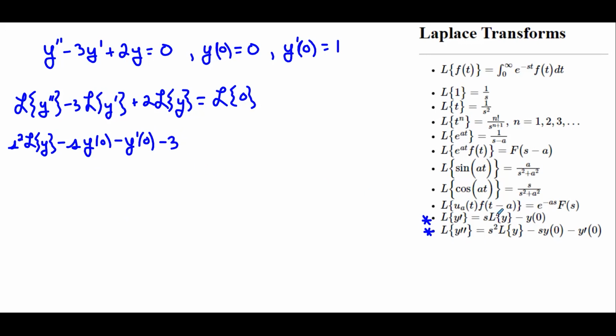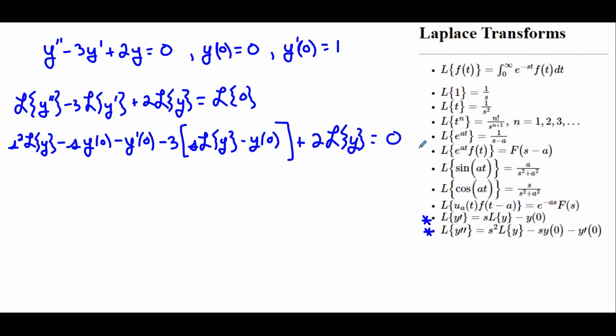And that's going to be s Laplace transform of y minus y of 0. And then we also have plus 2 times the Laplace transform of y. And then that's equal to 0 since the Laplace transform of 0 is 0.